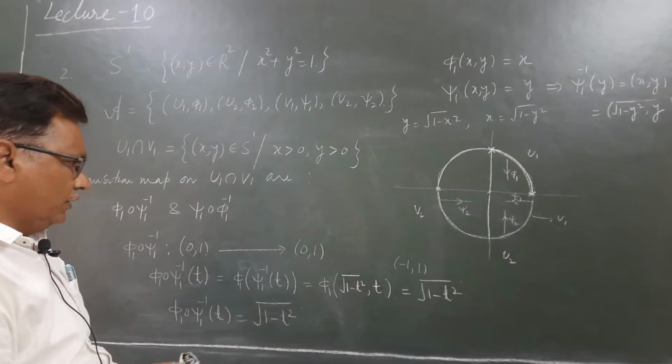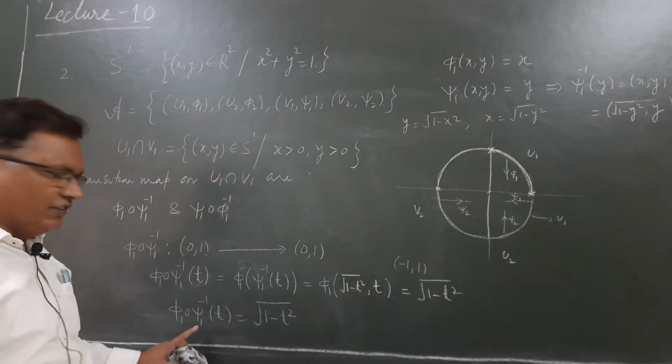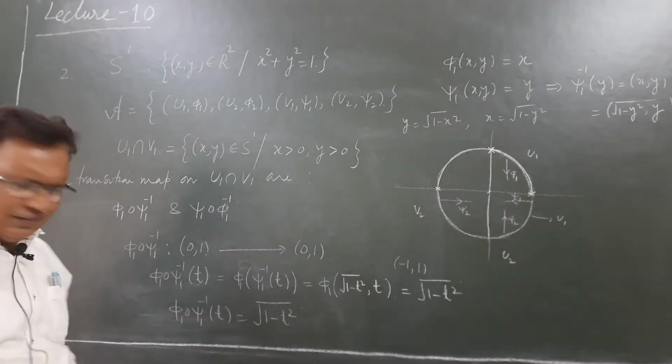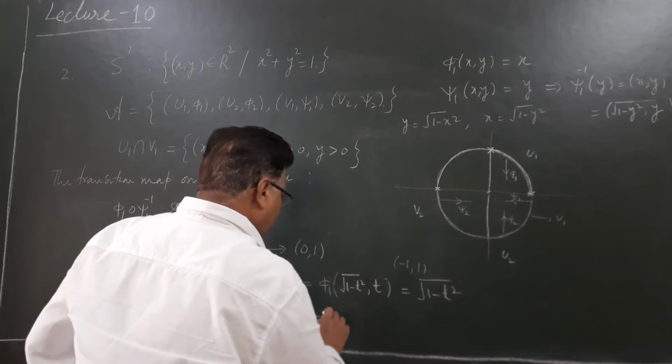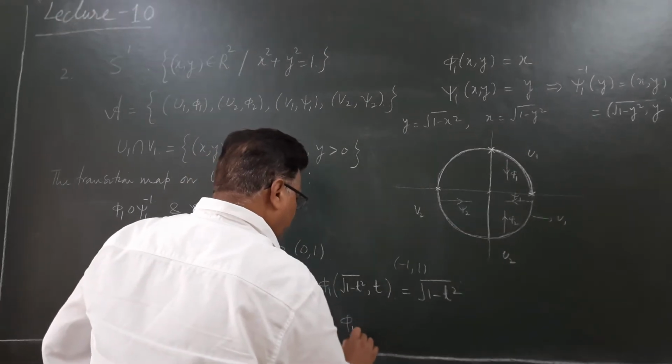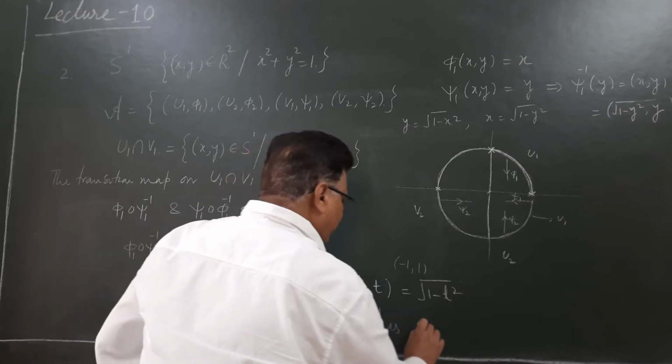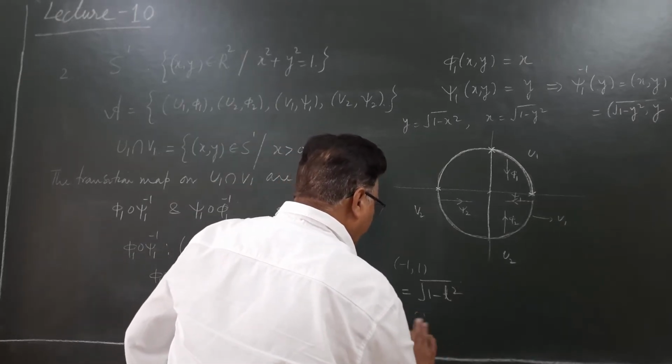Alright, so this map is differentiable at every point of its domain. So this implies phi 1 composition psi 1 inverse is C infinity, or simply differentiable.